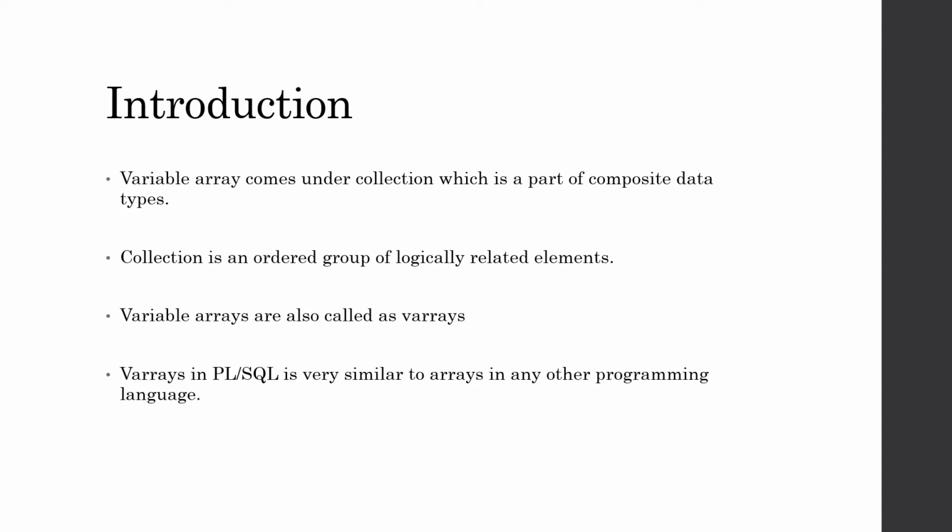Variable arrays are also called V arrays, while declaring any variable as variable arrays, in coding we write it as VARRAY. VARRAYs in PL/SQL are very similar to arrays in other programming languages like C and C++.